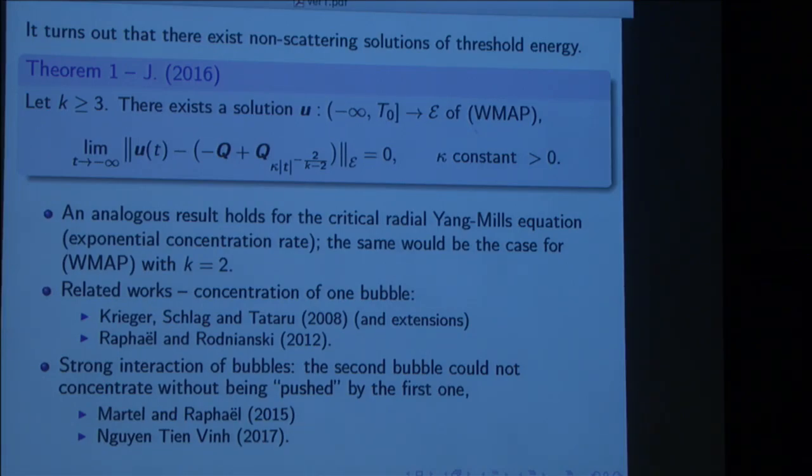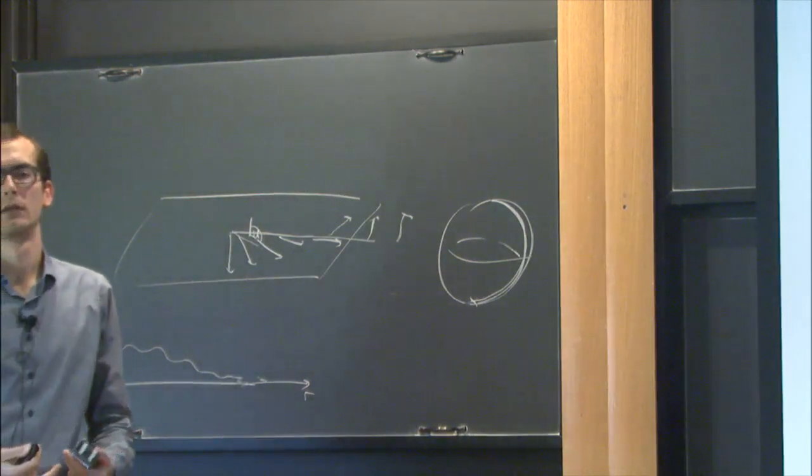So the result is that there exists a solution of the wave map system which, asymptotically as time goes to minus infinity, decomposes as a superposition of two stationary states, one of which has a fixed scale and the other one is concentrating. So here I can draw it. In this theorem, you're assuming it's 8πk or what?